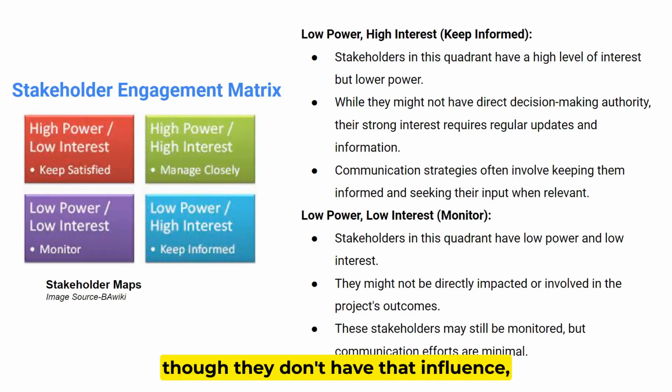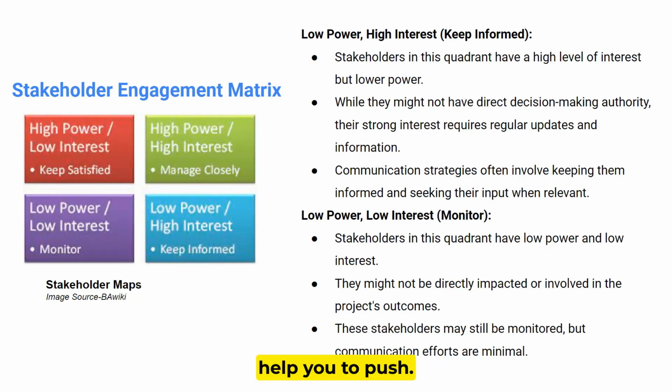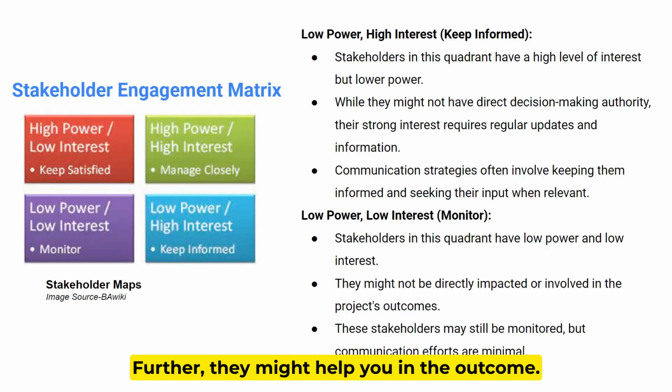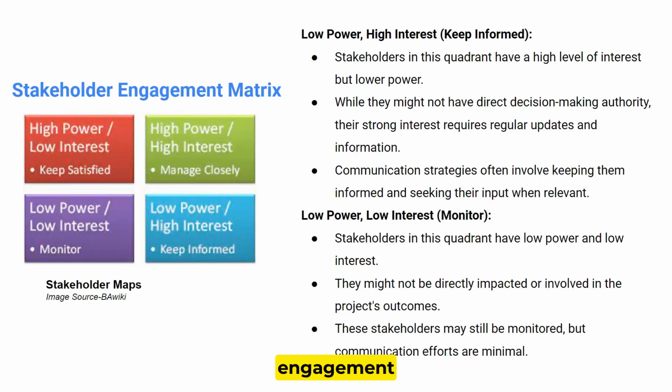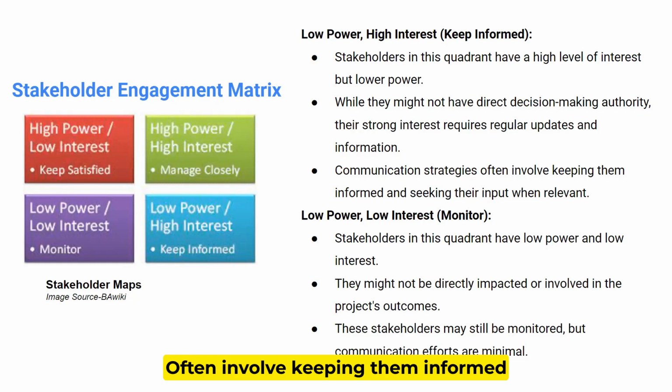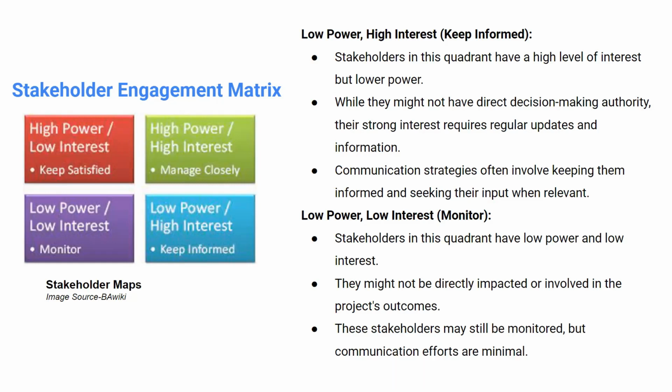Even though they don't have that influence, because of their high interest, they might help you to push your community engagement further. They might help you in the outcome. They might be the reason why you have a better outcome from your community engagement effort. So communication strategies often involve keeping them informed and seeking their input when relevant.